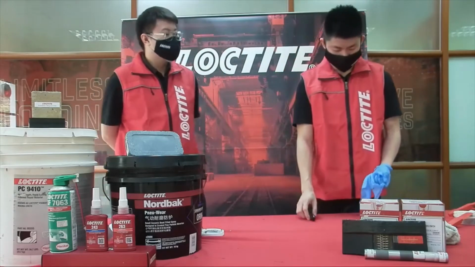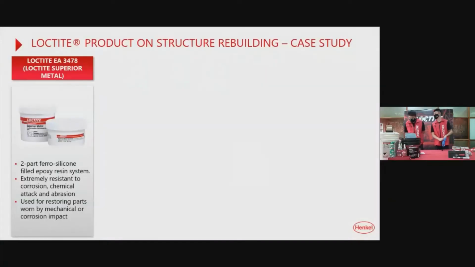Alright. Okay. So, as usual, I will just take this opportunity to share a quite interesting application for using this Superior Metal, because most of the time when we use it, we might think, hey, we just use it for shaft repairing or some pump repairing. But today I take this opportunity to share a very interesting application.